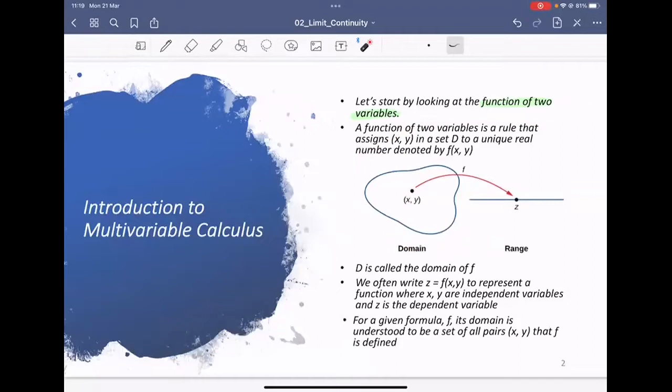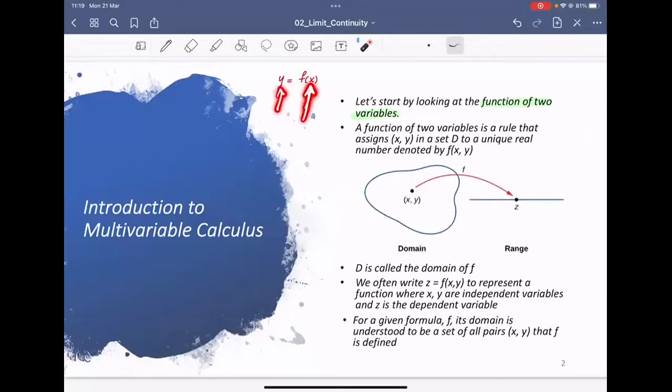So before, everyone look at this. Before, you are familiar with y equal to f(x). So you are familiar that x is your independent variable, and y is your dependent variable. So you know that if you plug in x, you can compute y.